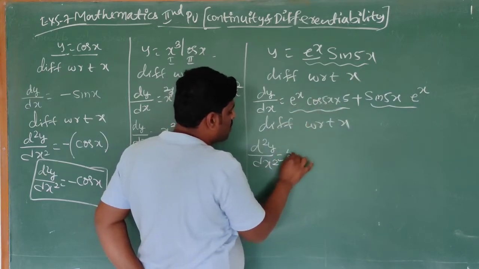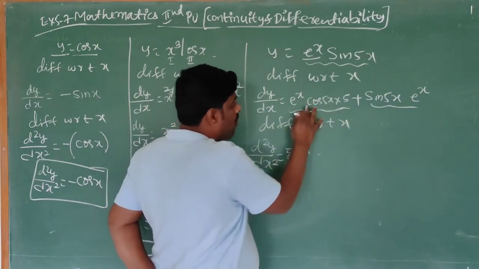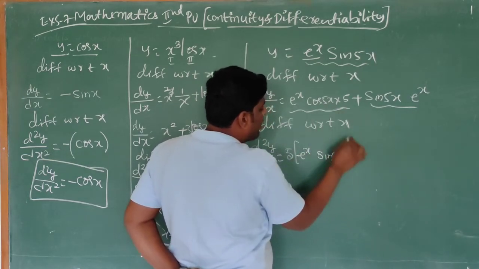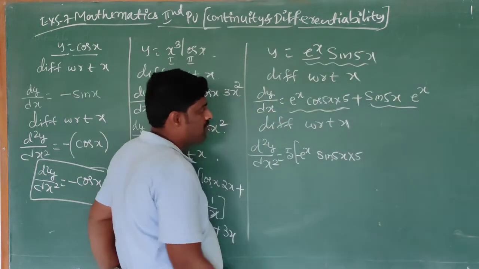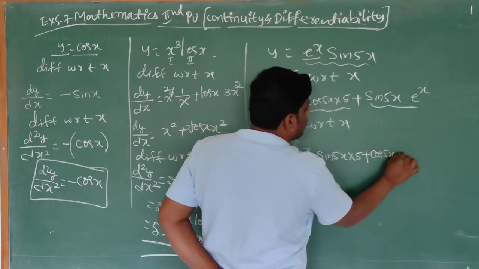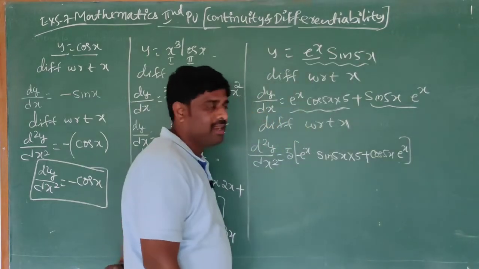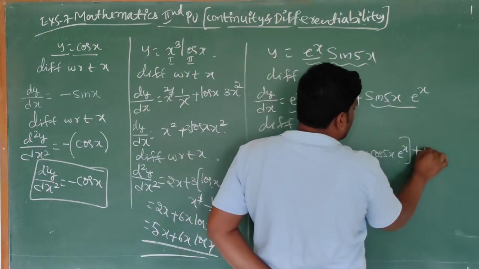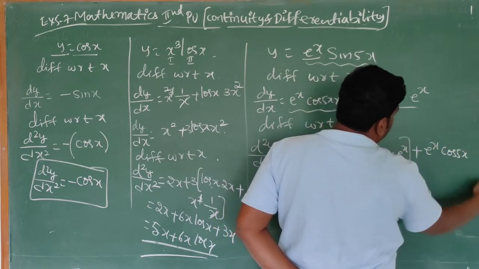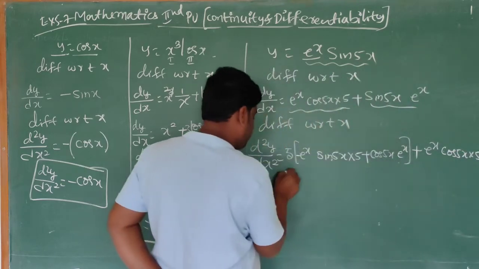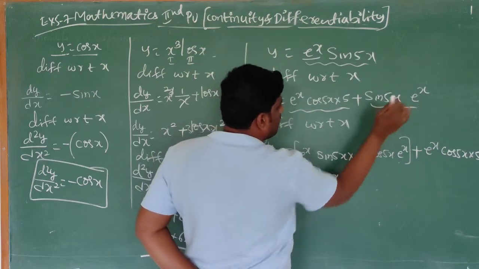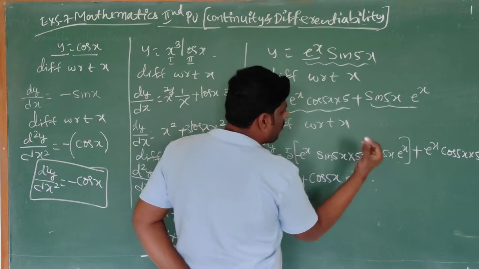So 5 outside, e power of x as it is, cos 5x differentiation is minus sin 5x into 5, plus cos 5x as it is, e power of x differentiation is e power of x. Plus e power of x as it is, sin 5x differentiation is cos 5x into 5, plus cos 5x as it is, e power of x differentiation is e power of x.